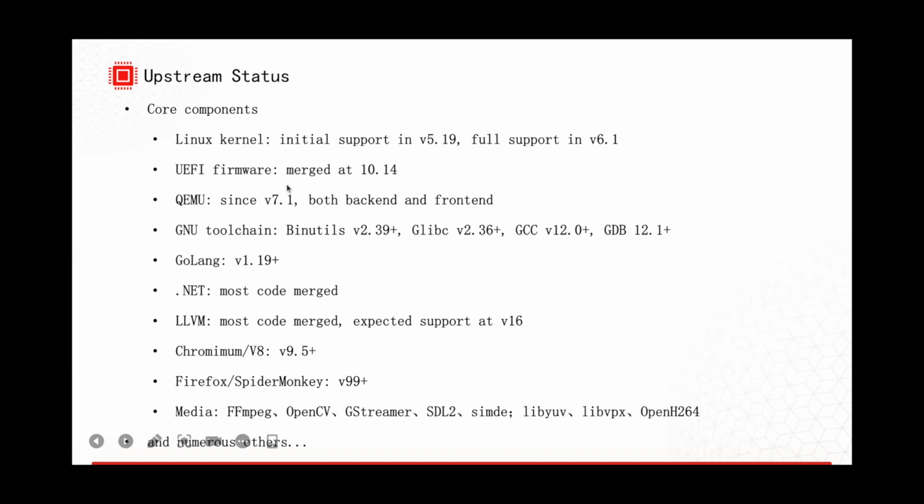And for the firmware, the code was merged on October the 14th. And for the QEMU simulator, LoongArch support starts from version 7.1. And the whole toolchain now supports LoongArch. And for Golang, .NET, LLVM, Chromium, Firefox, and a lot of media and math libraries have all had LoongArch accelerated implementations, and numerous other small ones.